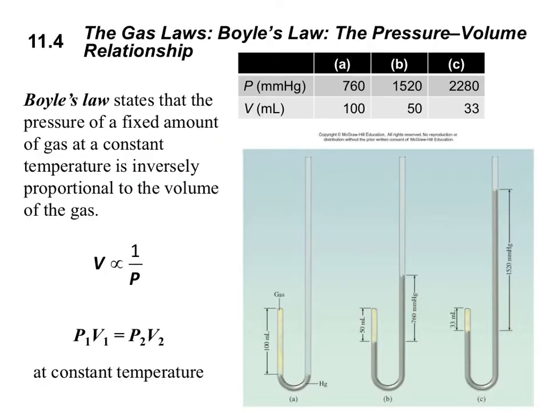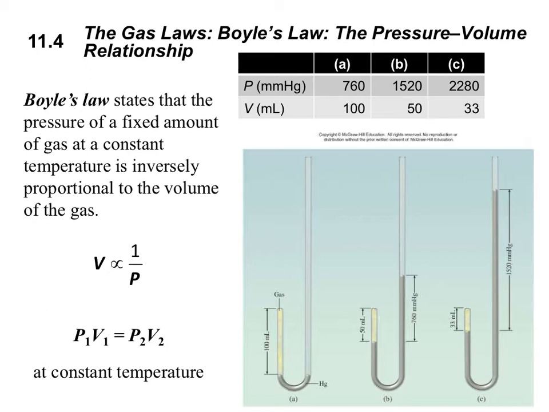The gas laws. Boyle's Law, the pressure-volume relationship. Boyle's law states that the pressure of a fixed amount of gas at a constant temperature is inversely proportional to the volume of the gas. So V is proportional to 1 over P. This leads to the equation P1 V1 equals P2 V2 at constant temperature.